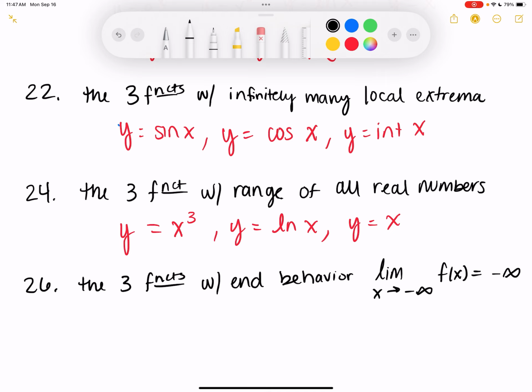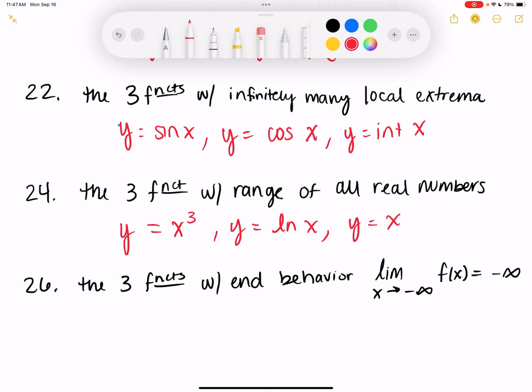So what this is saying is as the x value goes toward negative infinity, so it goes really far to the left, the y value also goes down to negative infinity. So what would those be? So as x gets farther to the left, y goes down.